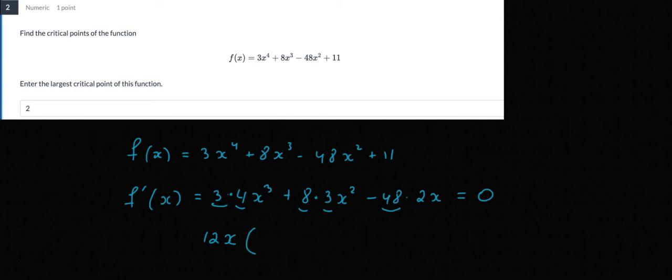12x, open parentheses, then we're going to have x squared. Next, we're going to have 2x, and then minus, I guess it's going to be 8x. Actually, just 8, because the x we factored out.